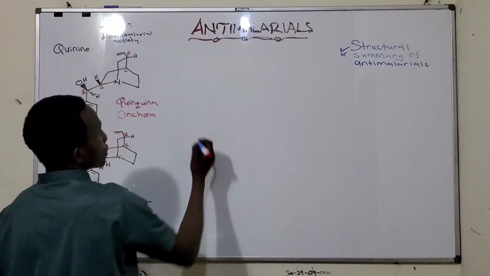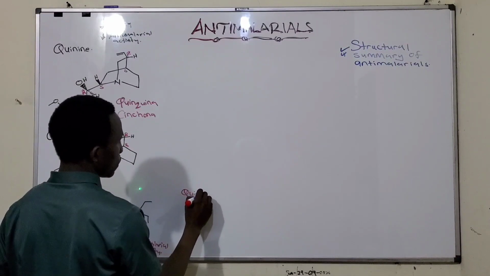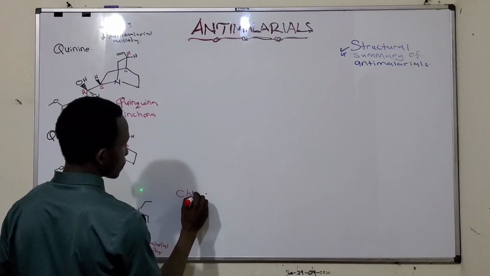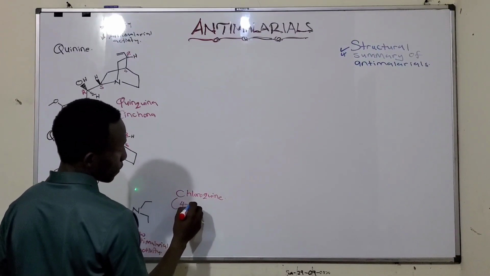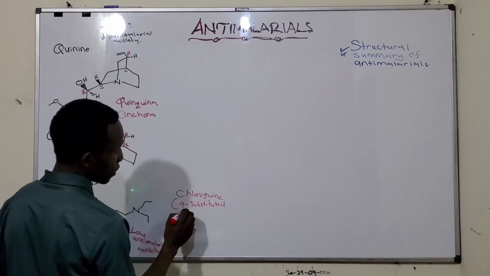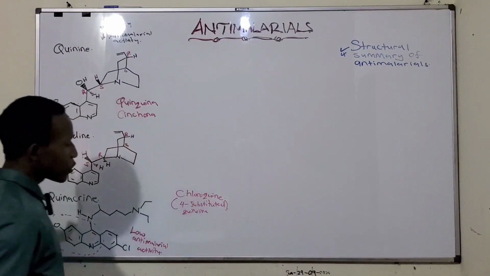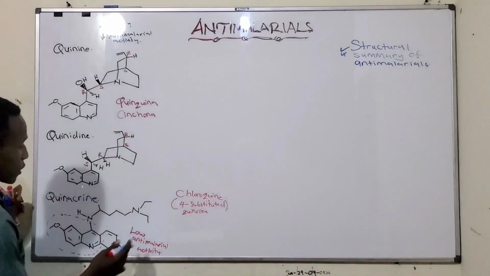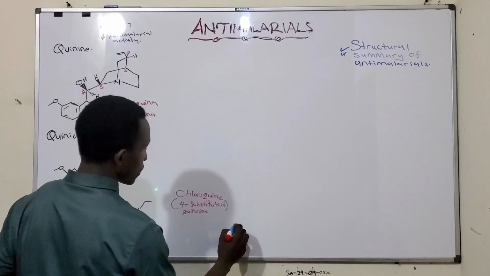One they produced was, I mean, chloroquine, and this is a 4-substituted quinoline. When you look at the structure of chloroquine, it resembles quinacrine. It is the right part of this structure. It's like this.